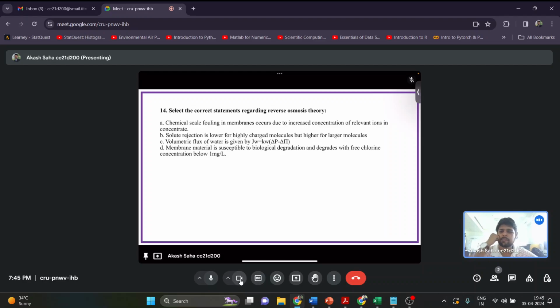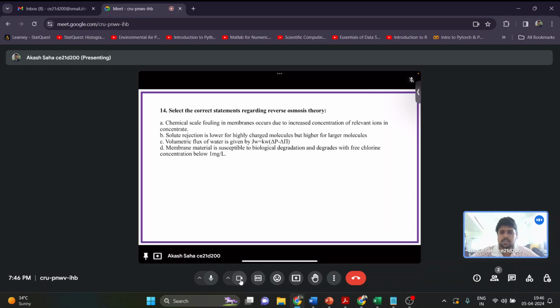So if you see here, the chemical scale fouling in membrane will be increased by increased concentration of ions in the concentrate. And if we talk about option B, solute rejection is lower. It is saying lower for highly charged molecules, but generally the solute rejection is higher for highly charged molecules.